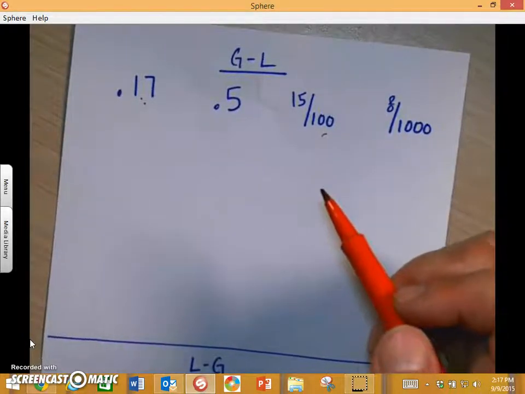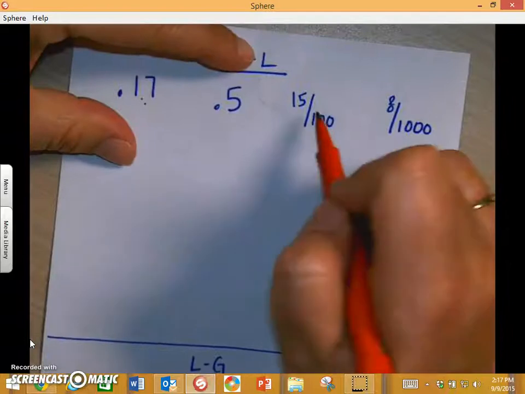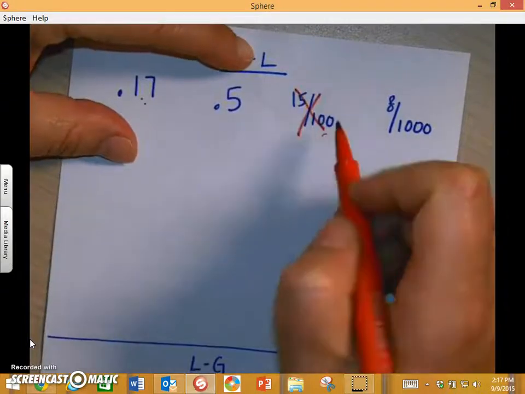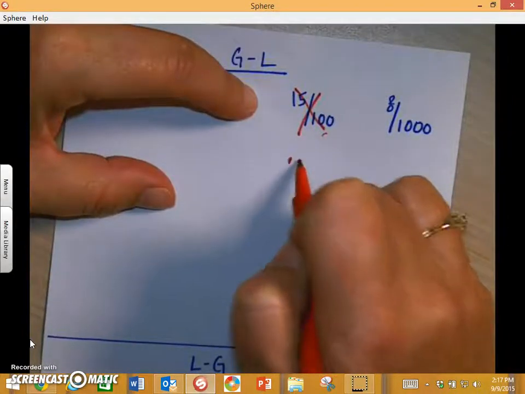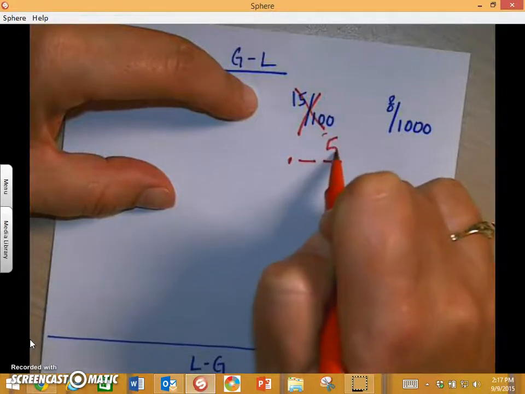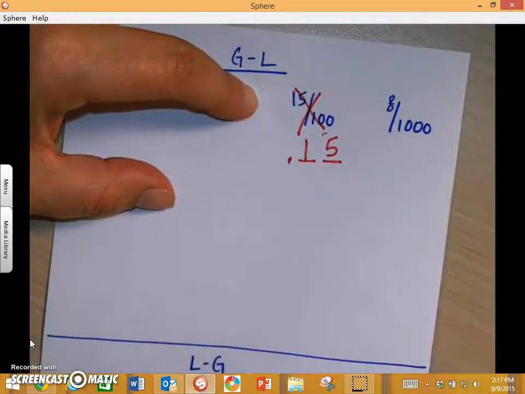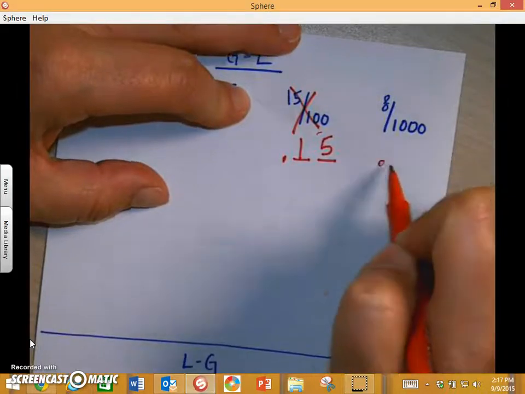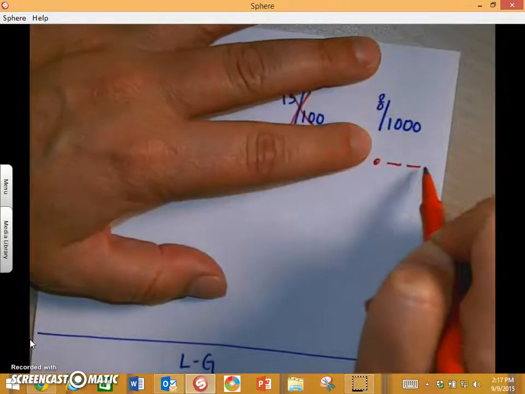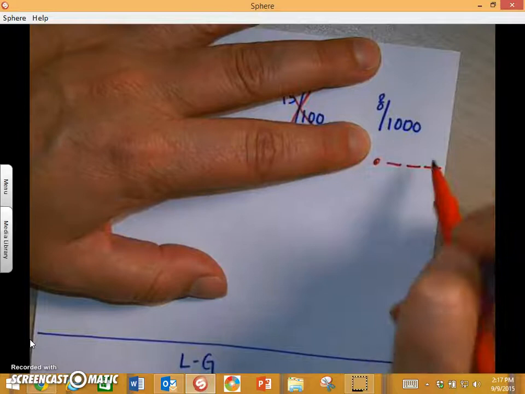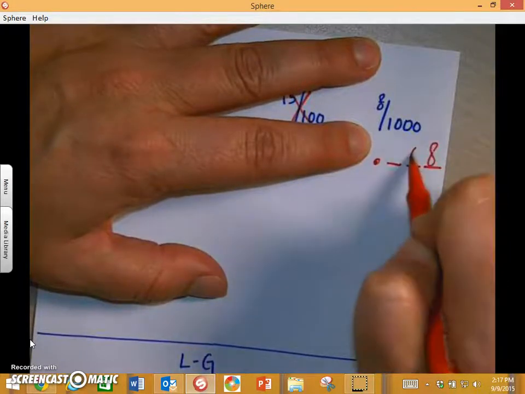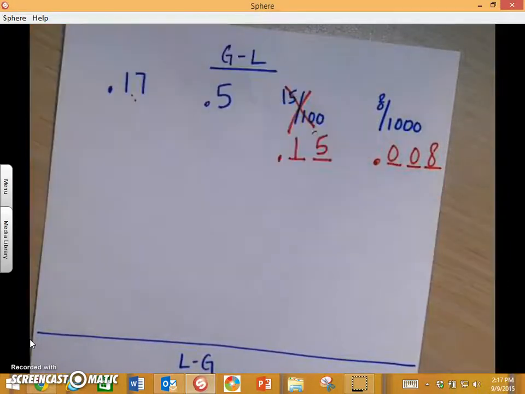Decimals are the easiest. So I'm going to change this. 15 hundredths is easy to work with. I just put the last number 15 in the hundredths place. There's my new decimal. 8 thousandths. It's already got a denominator of 10, 100, or 1,000. So I just put the 8 like this. Add my zeros. There we go.